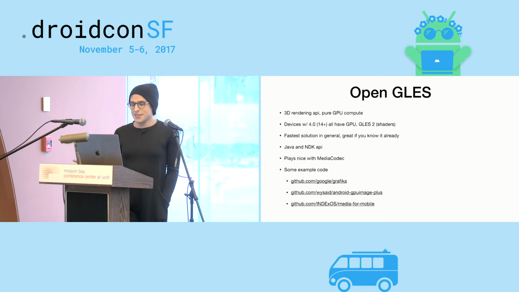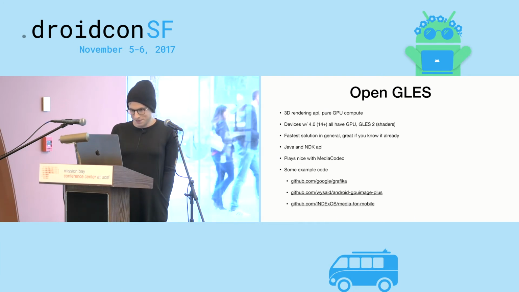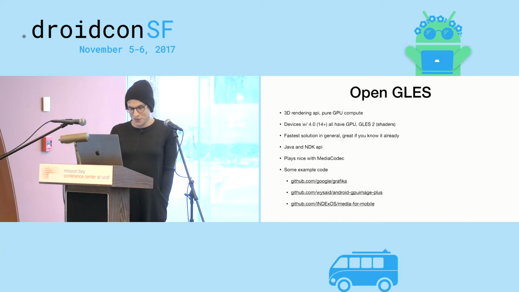Another one, OpenGL. This is pure GPU. We use this at VSCO, we just rewrote our pipeline to use OpenGL for video in particular, mostly because it plays nicer with MediaCodec, for various reasons. This is a 3D rendering API. What we would be using it for in a photo context is we're not really drawing.